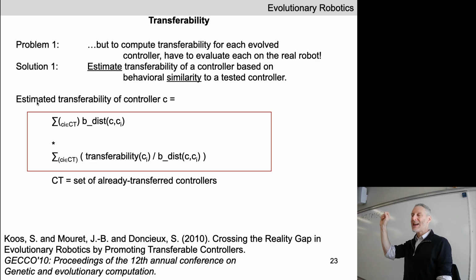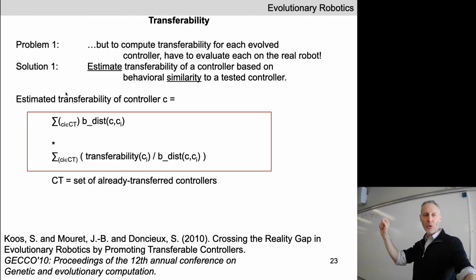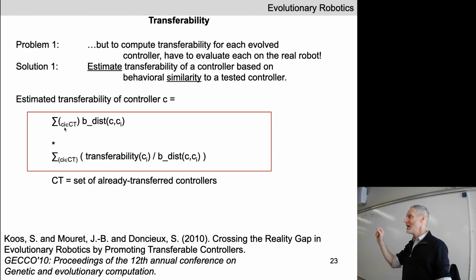And we're going to set the estimated transferability of that controller, which for our purposes on this slide is going to be CI. We're going to estimate the transferability of CI based on how close or how far it is from the other controllers we've sent to reality, which are going to be in the set CT.